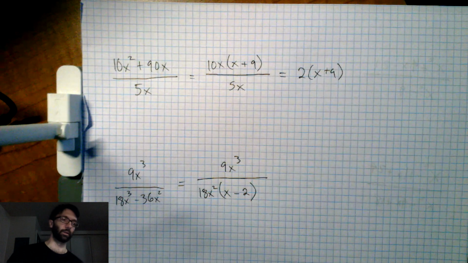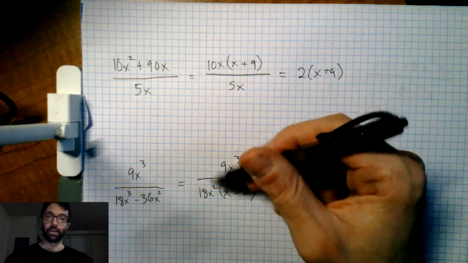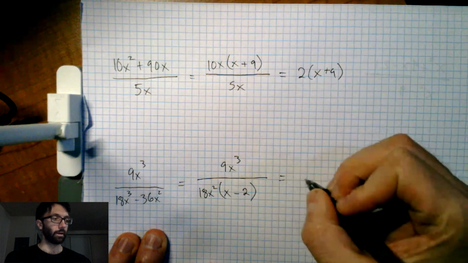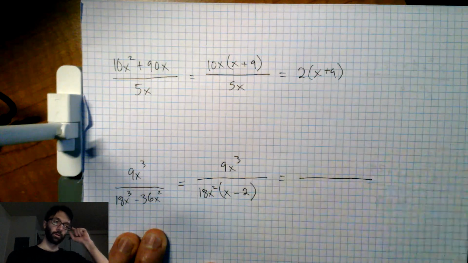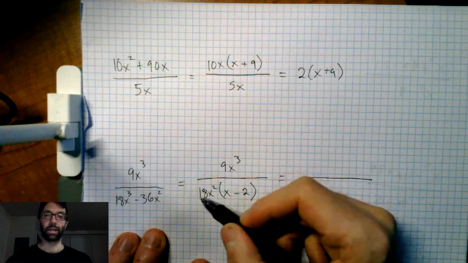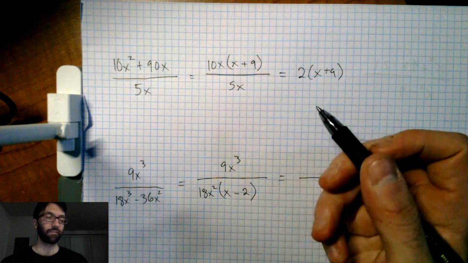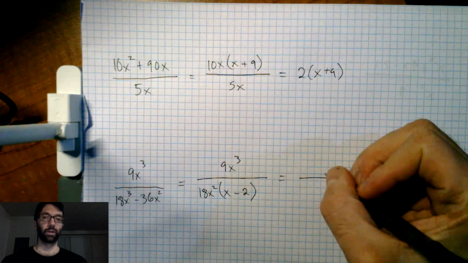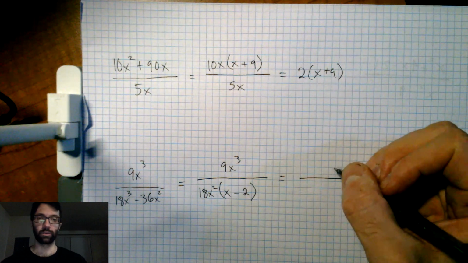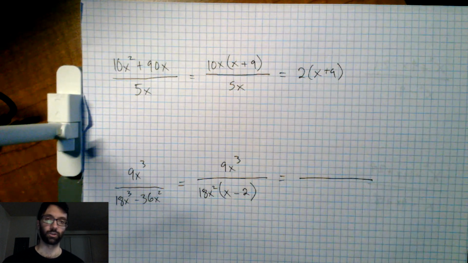Now again, we can divide things out here. So I'm going to rewrite my fraction bar. I know 9 divided by 18 is 1/2, so I'm going to have a 1 in the numerator, but I'm not going to write that because I'm going to have other things in the numerator, so 1 times anything is just the other thing.